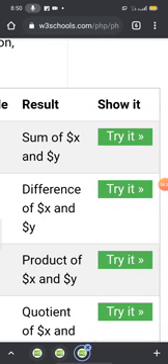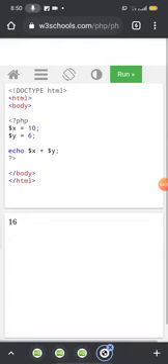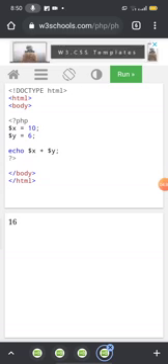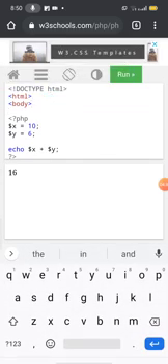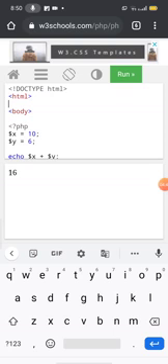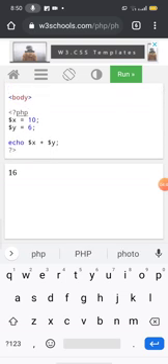Can you see the example? I will show one example to you. It is simple, all the examples are simple. Let us see. Doctype HTML, then the HTML tag opens, then the body tag opens, then the PHP tag opens. Then inside your PHP tag, $x is equal to 10.